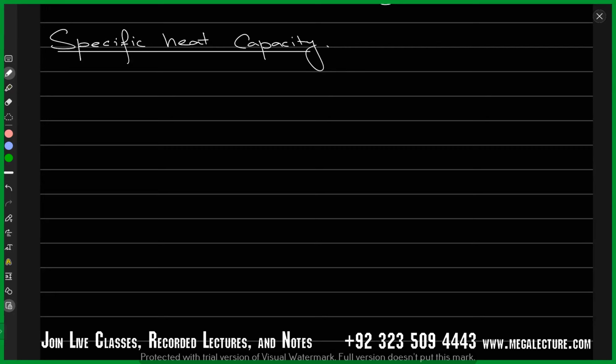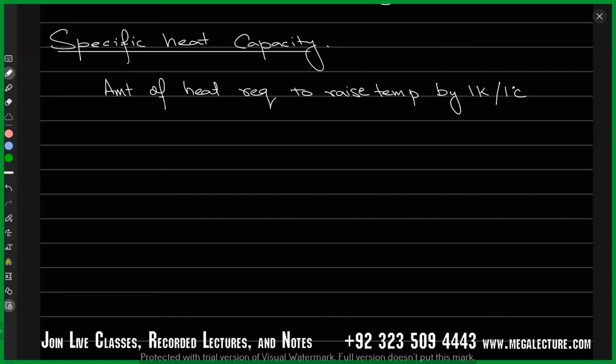Specific heat capacity is exactly the same thing, right? It is again the amount of heat that is required to raise the temperature by 1 Kelvin or degree centigrade. But this time we give reference to the mass, right?